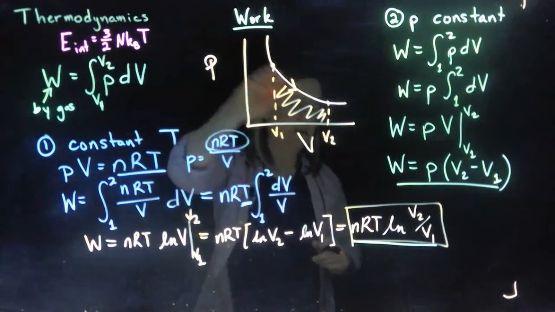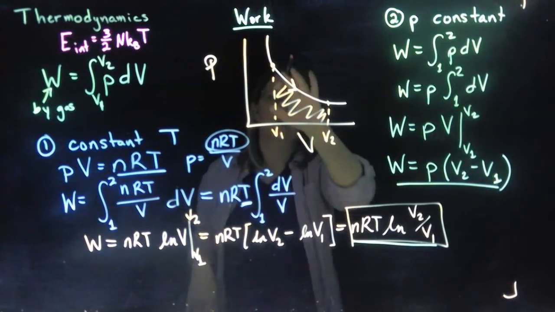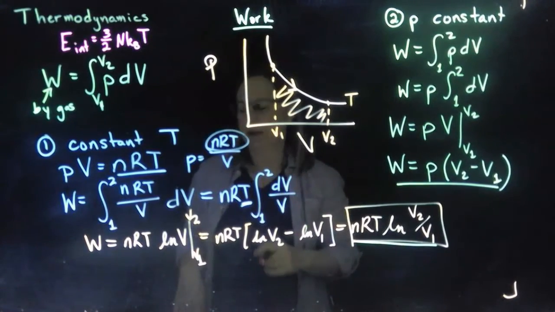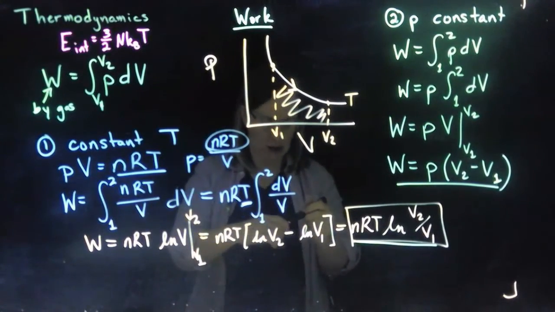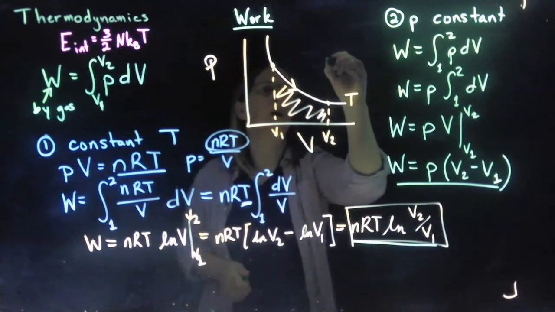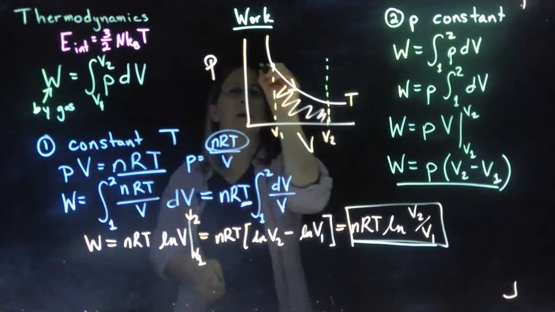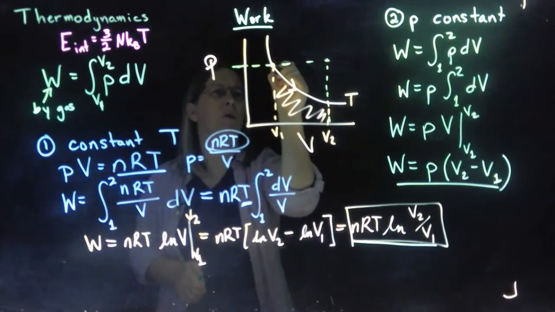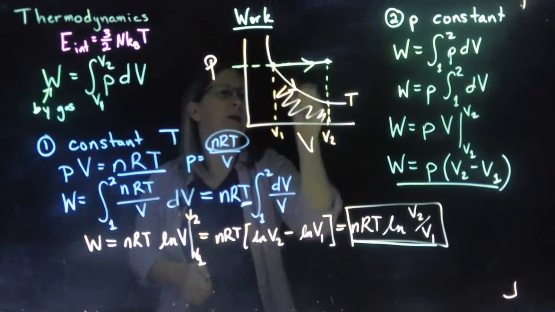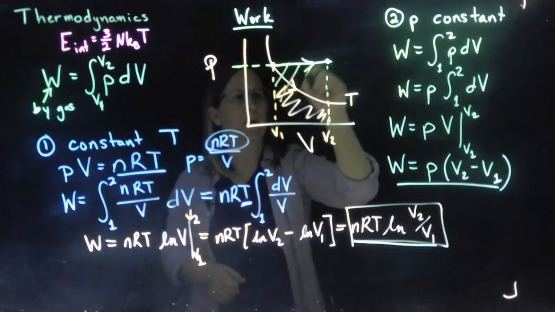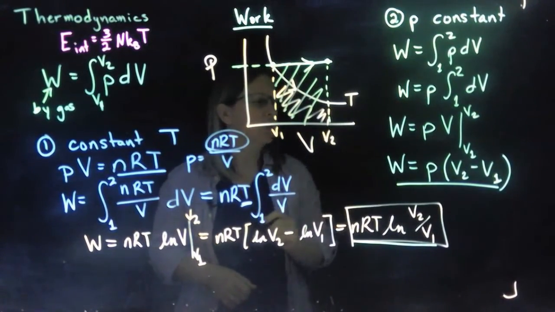That's my area under the curve for this isotherm, a constant temperature. T is constant. The area for this green one is, suppose we did it at constant pressure. Well, if pressure is constant, I keep the same value and go from V1 to V2. That's the work done in this green area.